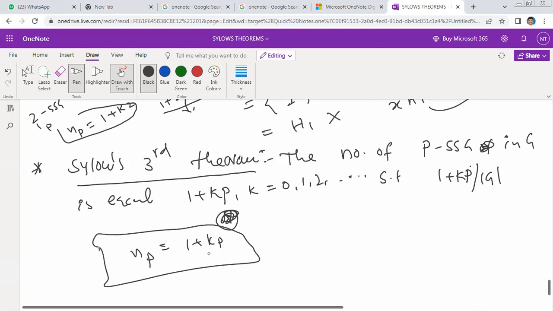NP means the number of P-Sylow subgroups of a group G. The number of P-Sylow subgroups of a group G is NP, which is 1 plus Kp.